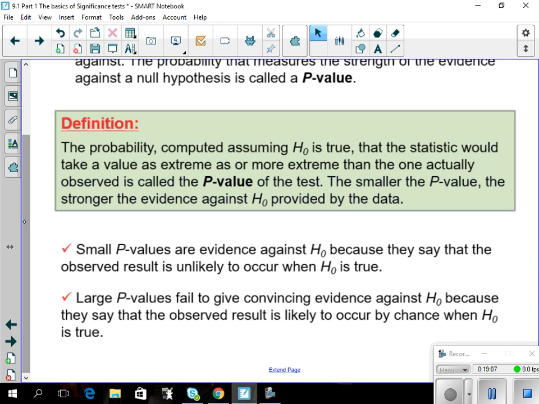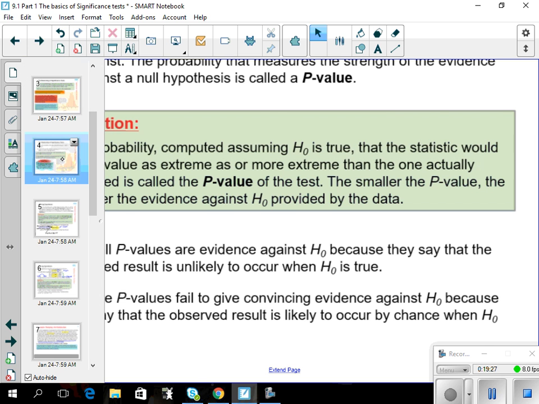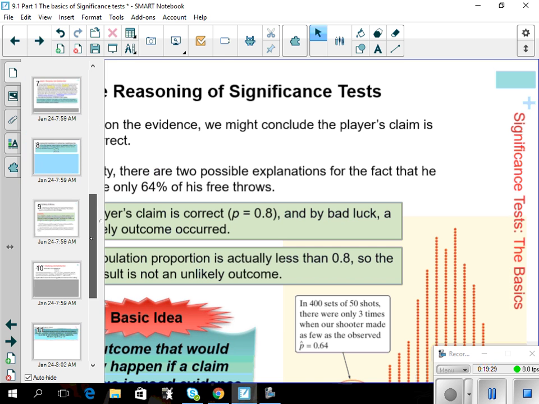For example, in our sample of free throw shooters, if the sample we collected was like 73%, 74%, we probably aren't going to get a very small p-value. Think back to our picture here.